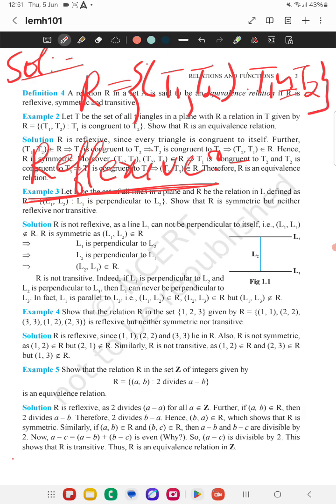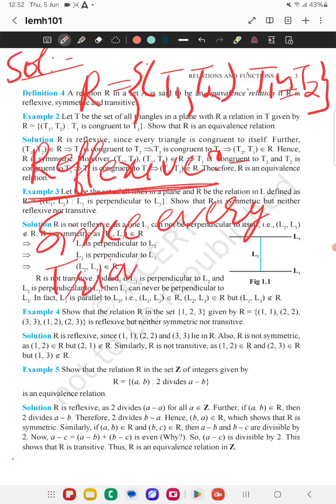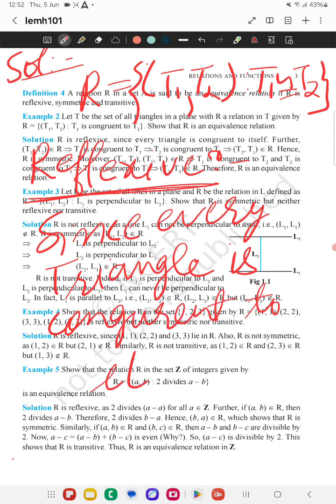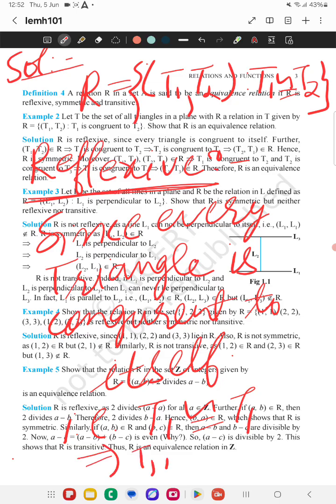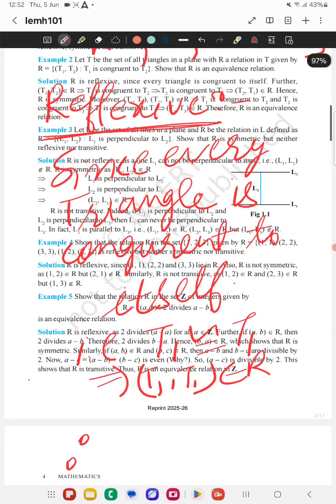Now for reflexive, since every triangle is congruent to itself, that is T1 is congruent to T1, T1 congruent to T1 implies that (T1, T1) belongs to R. Therefore R is reflexive.